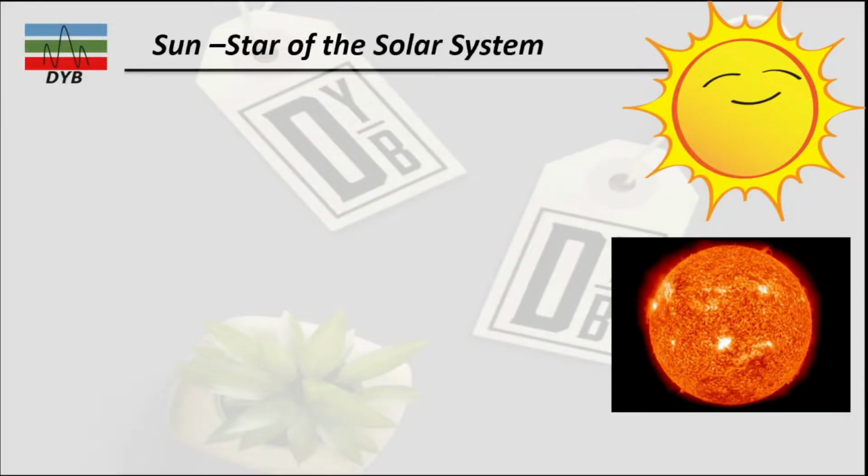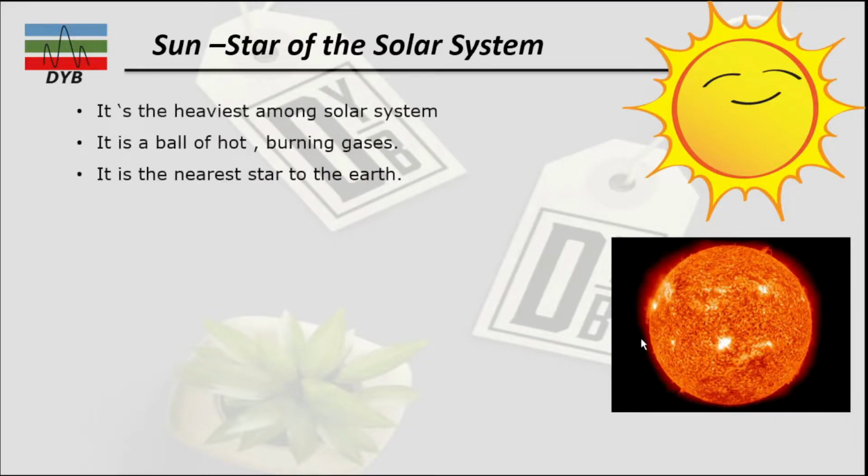So let's look at the Sun. We have many graphical displays of the Sun, and this is one of them. This is how the structure and inside features of the Sun appear, without the outer atmosphere. The Sun is the only star of our solar system, and it is the heaviest in the solar system.